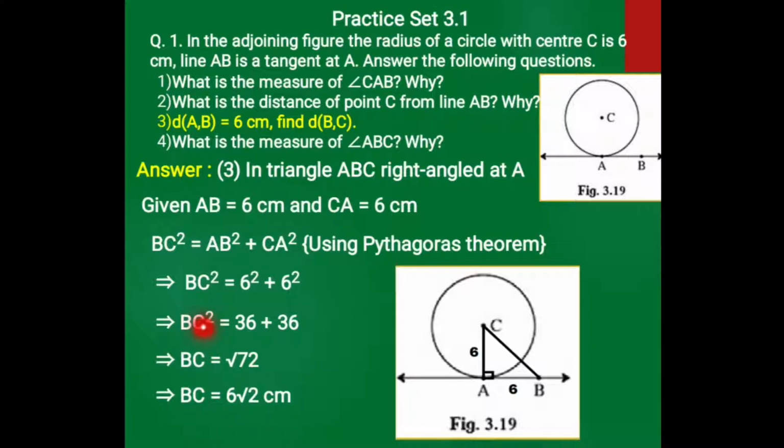So square and square root cancel, we get BC equals root 72. We also write this as root of 2 times 36. Square root of 2 we cannot calculate, square root of 36 we write as 6. So the length of BC equals 6 root 2, that is, the distance BC is 6 root 2.